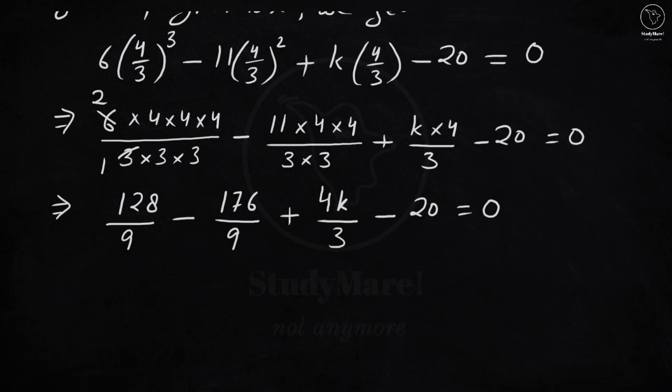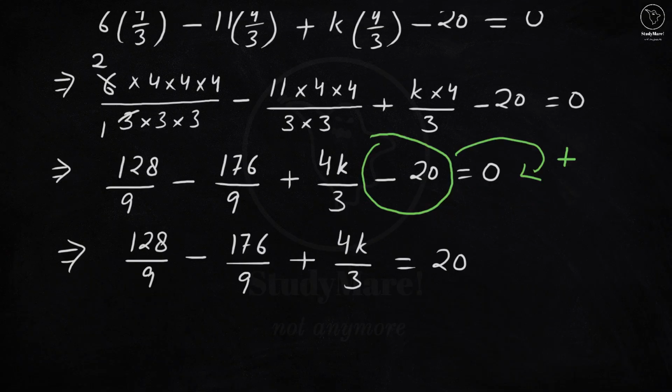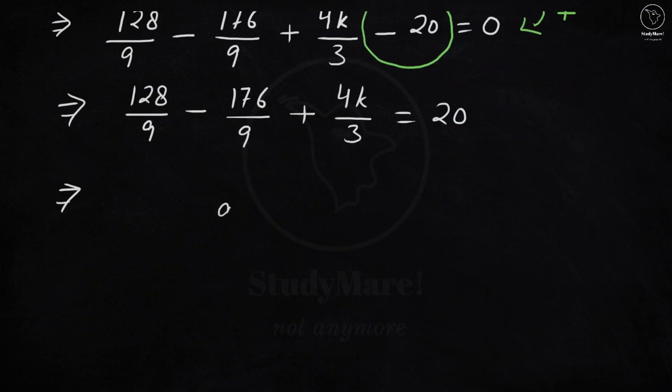Solving it further, we get 128 by 9 minus 176 by 9 plus 4k by 3 is equal to 20. We simply took minus 20 from the LHS to the RHS of this equal sign, and thus the sign changes from minus to plus. Taking the LCM of all the denominators, we get 9.